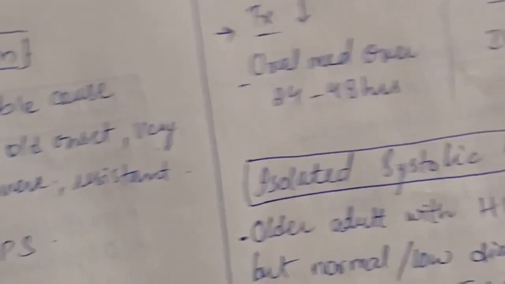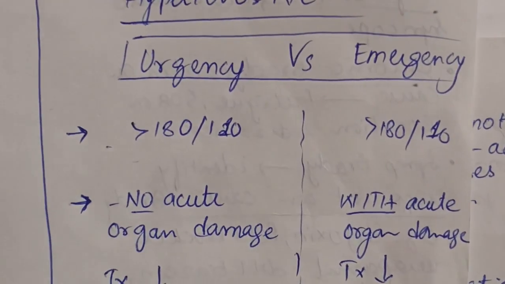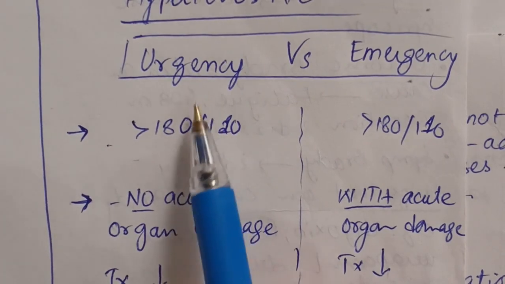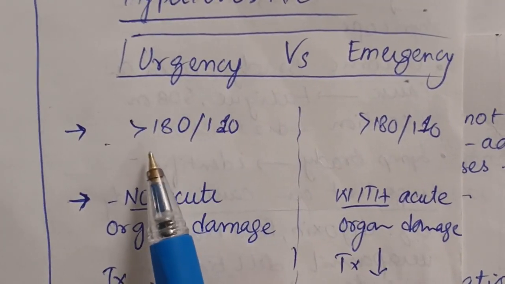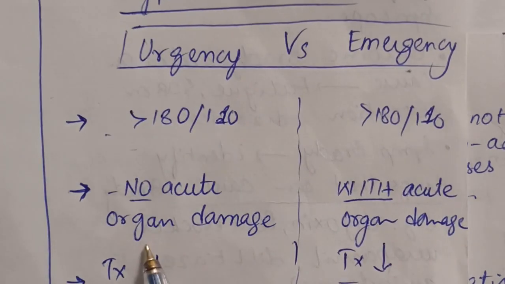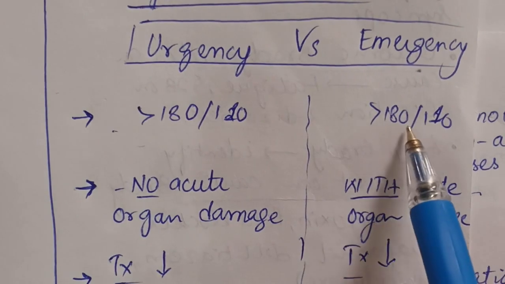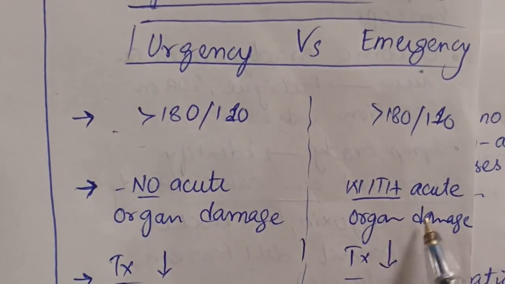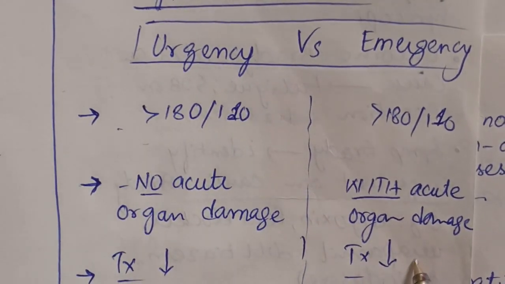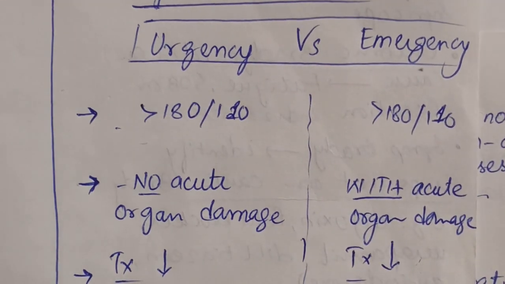Then we have a very important kind of hypertension, that is urgency or emergency. So hypertensive urgency is actually raised BP of more than 180 by 110 with no acute organ damage. On the other hand, in the case of emergency, there is hypertension of more than 180 by 110 with acute organ damage. So the treatment of urgency would be oral medicines over 24 to 48 hours.